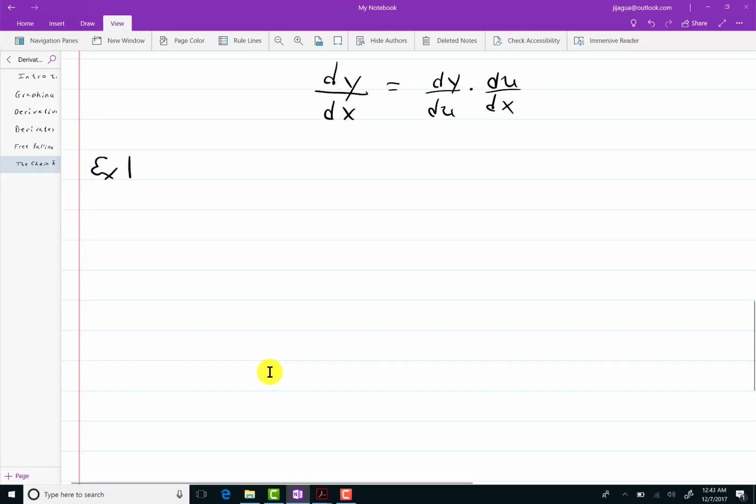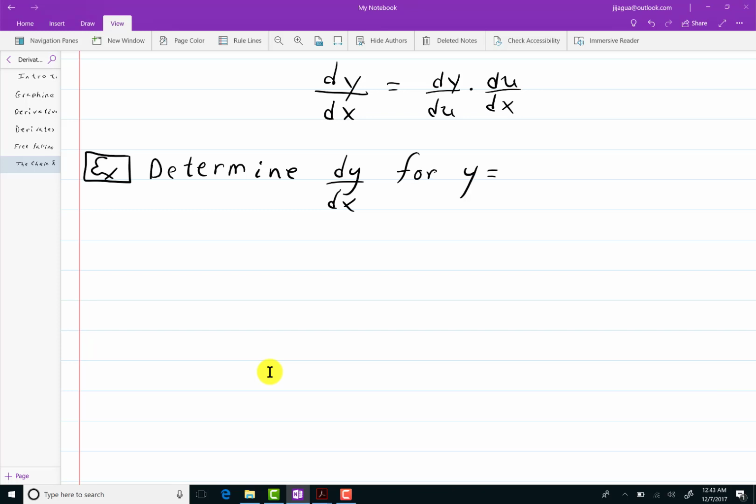As an example, determine dy over dx for y equals cosine to the fifth x.